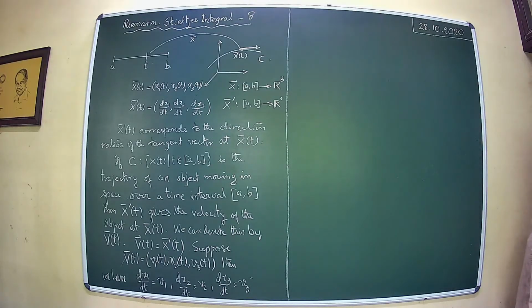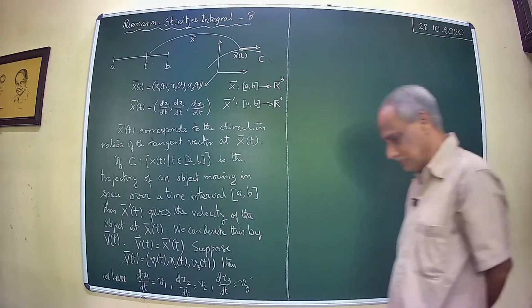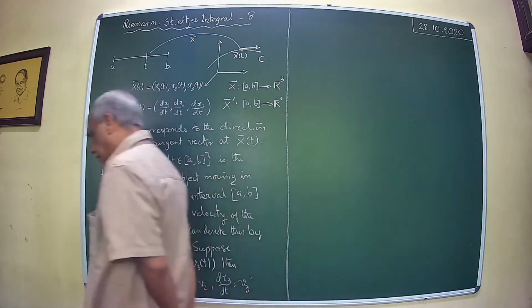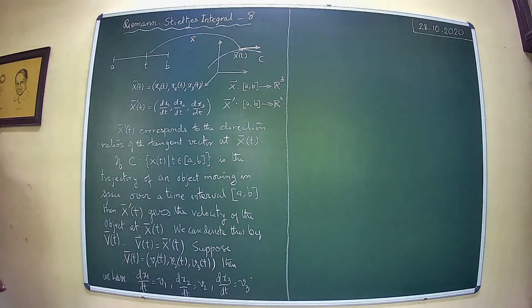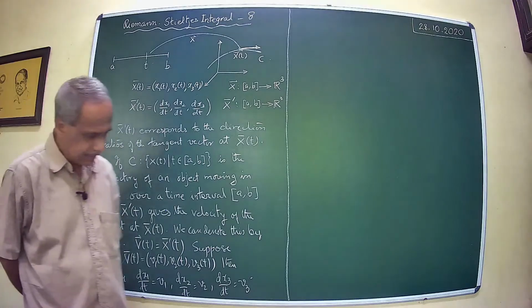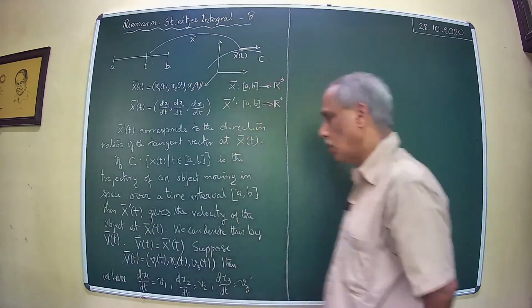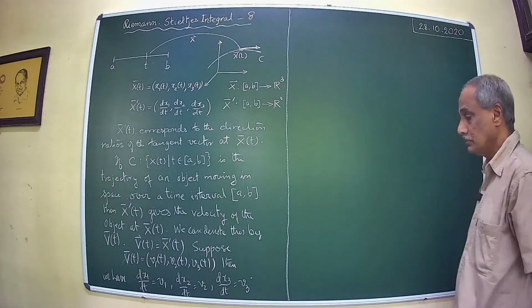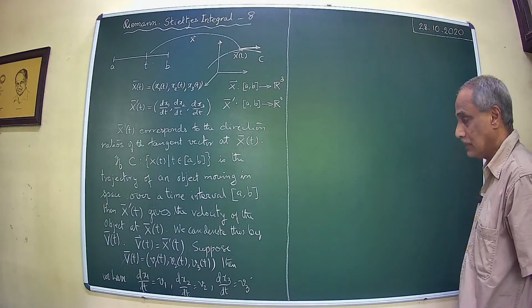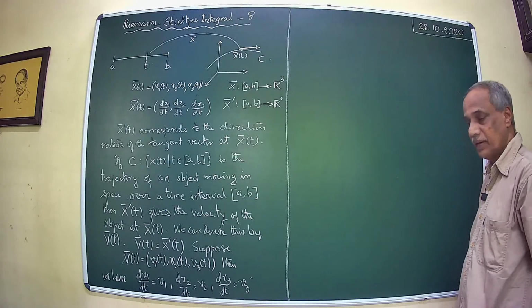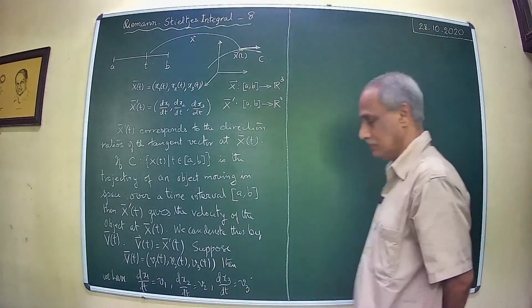So the problem now is the following. Suppose a vector valued function of t is given as v. So you are asking for the following.